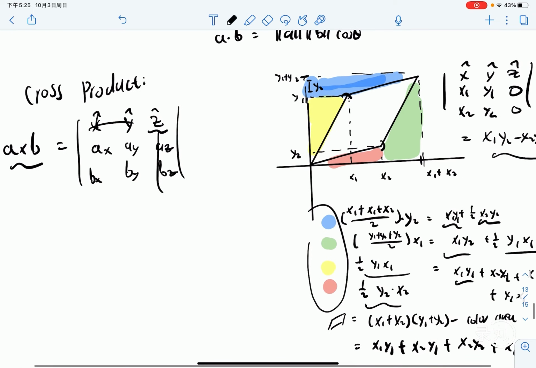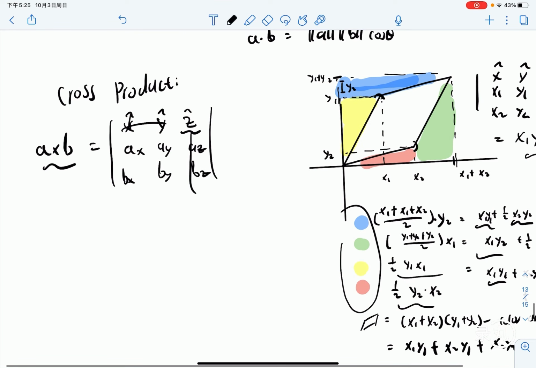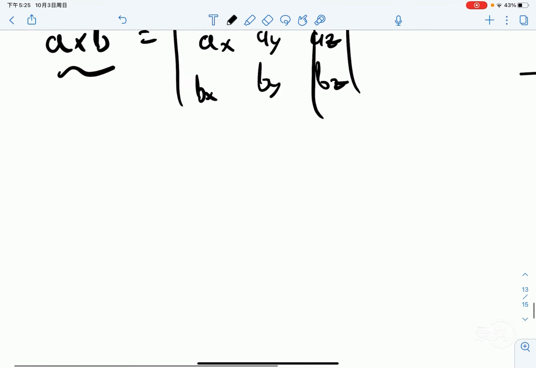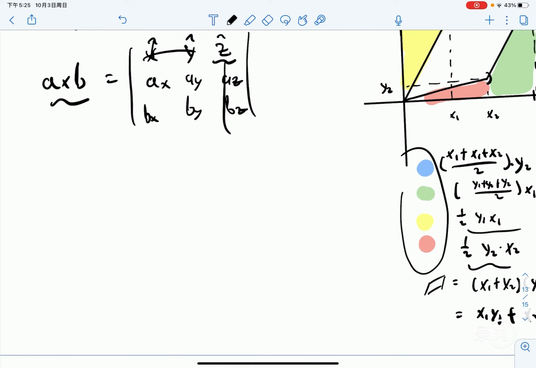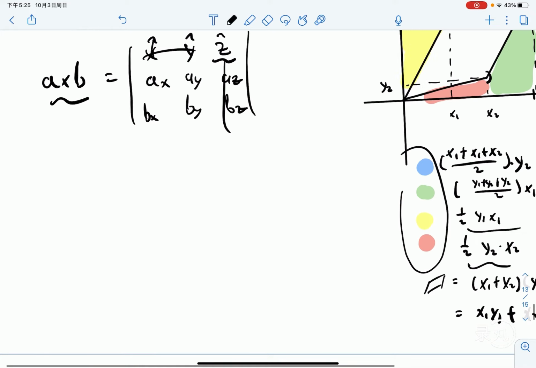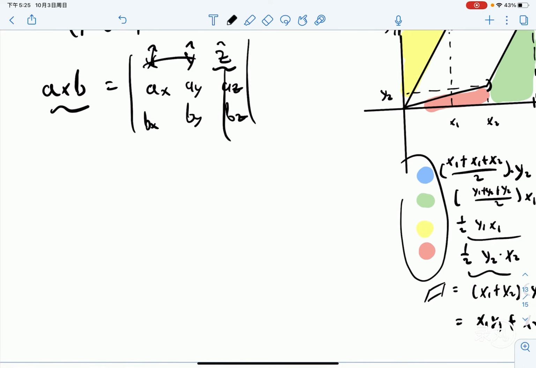And now we're going to talk about the direction of the cross product. The direction of the cross product is perpendicular to both vectors, meaning that it makes 90° with both of the vectors. I'll show you.